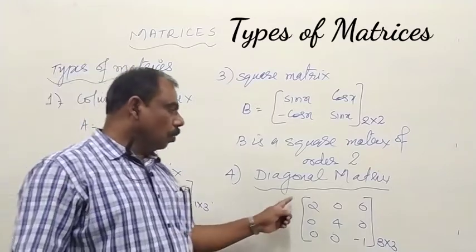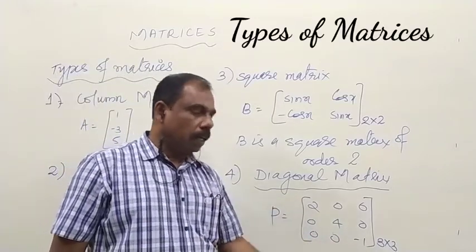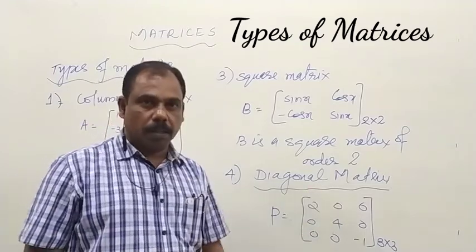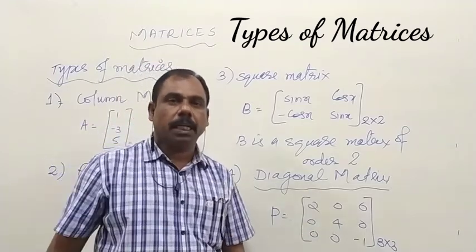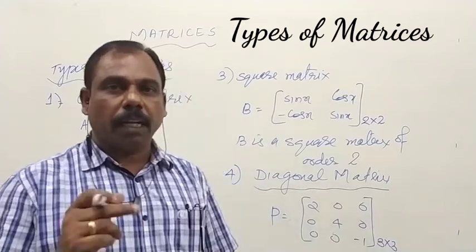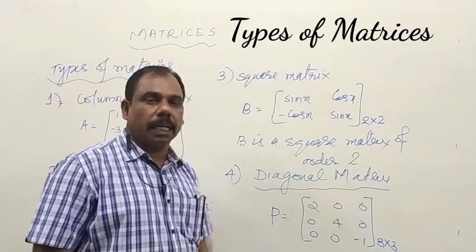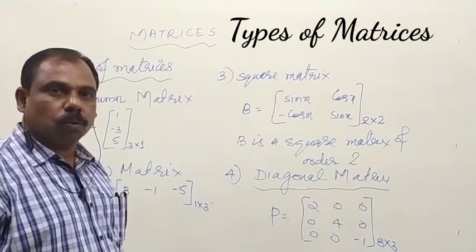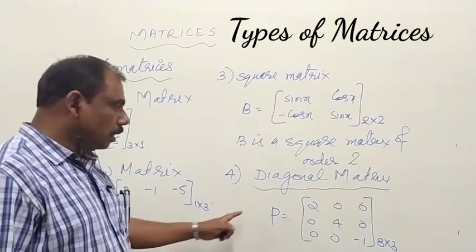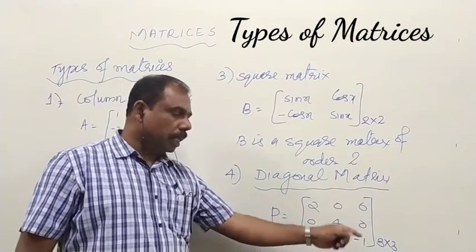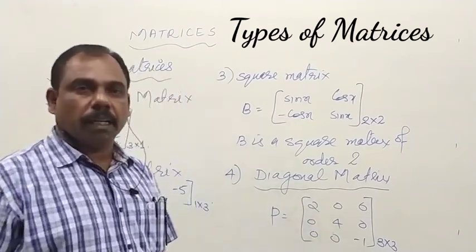What's the condition? All its diagonal elements are non-zero and non-diagonal elements are 0. That means, what do you mean by a diagonal matrix? A diagonal matrix is a square matrix in which all non-diagonal elements are equal to 0. That means P is equal to 2, 0, 0, 0, 4, 0, 0, 0, minus 1 is a diagonal matrix.